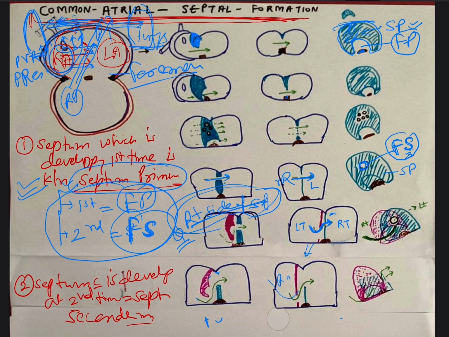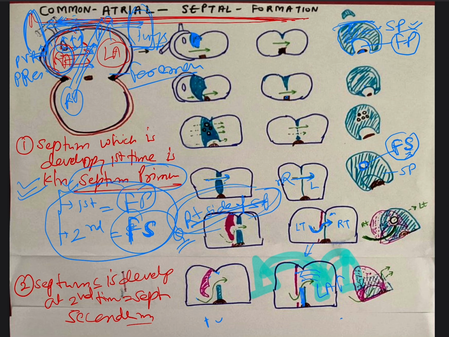When birth takes place and the lungs start breathing, they put blood into the left atrium, so left atrial pressure rises. Because of this increased left atrial pressure, when blood wants to move from left to right, immediately what happens?